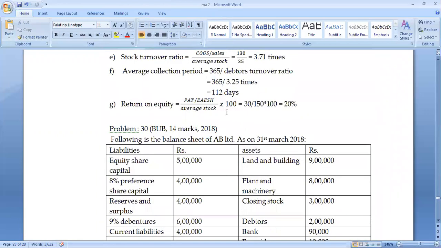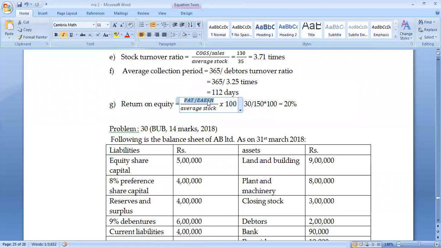Okay, return on equity. Return on equity is of major importance. Till now we have not computed this one. So what is actually return on equity? It is nothing but whatever earnings are available for the equity shareholders. Sometimes this is also called the profit after tax.